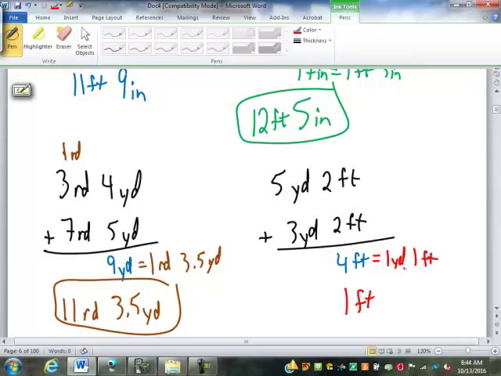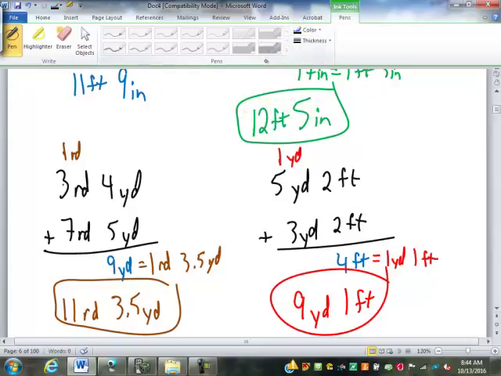So we keep the 1 foot, we carry the 1 yard. 1 and 5 makes 6 plus 3 is 9 yards. So 9 yards, 1 foot. Any questions there? Not so bad, right?